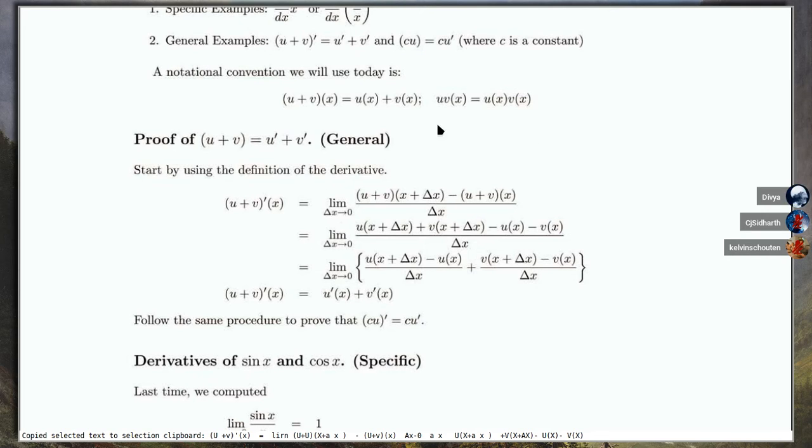So you apply this here, and you simplify it a bit. You're going to get the limit of two things that look exactly like the derivatives, right? So these happen to be your derivatives. Thus (u plus v) prime happens to be u prime plus v prime.